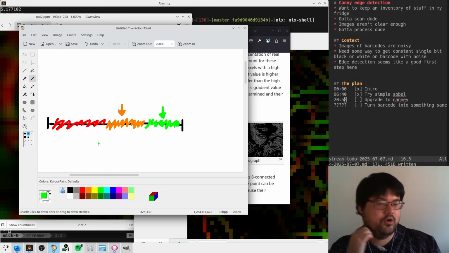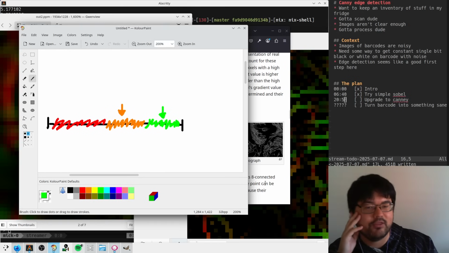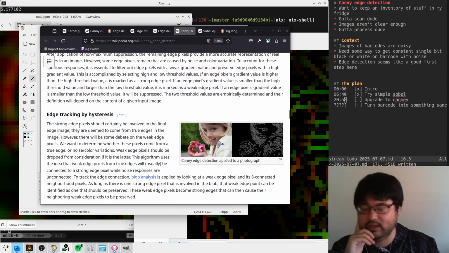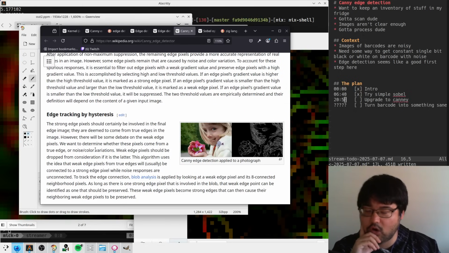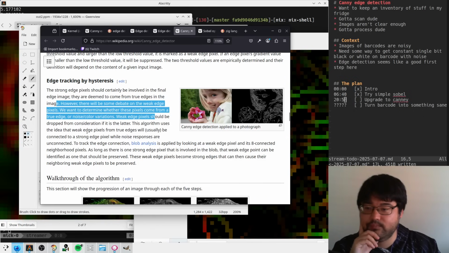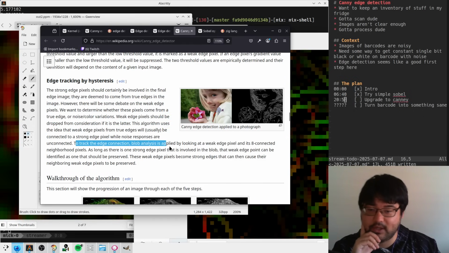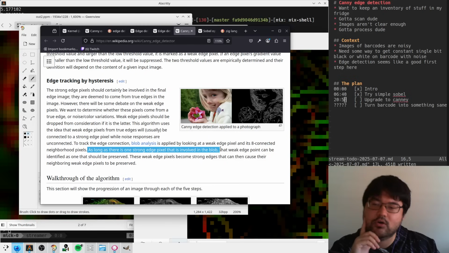So for each pixel, I guess you probably have to do a breadth first search or something, some sort of actual walking of pixels, probably. Yeah. Blob analysis applied by looking at a weak edge pixel and its 8 connected neighborhood pixels, as long as there's one strong pixel involved in the blob. Oh, okay. So they're not walking the whole edge. They're just saying, hey, one of them is probably close. Sure.